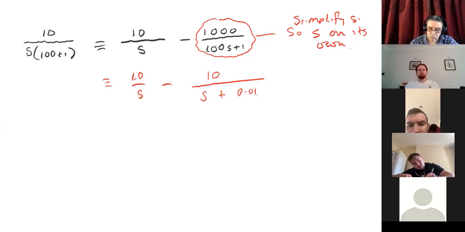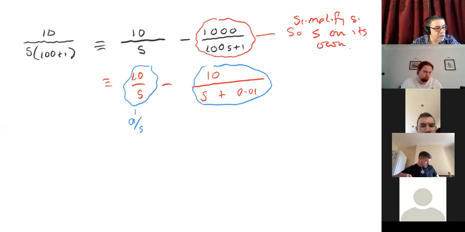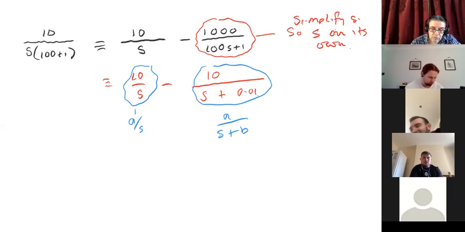Now, you should notice that this looks like something in the table of Laplace transforms: A over s. And this looks like something in the table of Laplace transforms that looks like A over s plus B. So this bit is exponential decay, and the other is a constant.